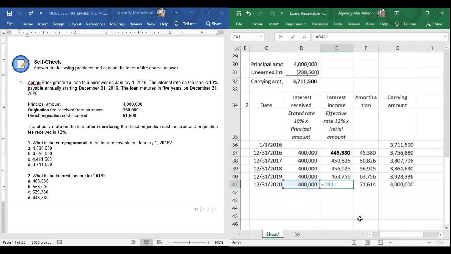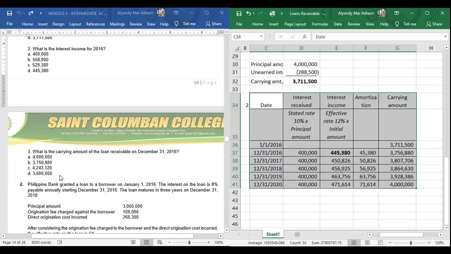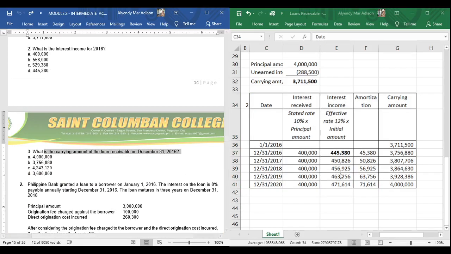So, 400,000 plus 71,614. Our interest income for 2020 is 471,614. Okay? So, I presented the table for the amortization for you to know how to do it.